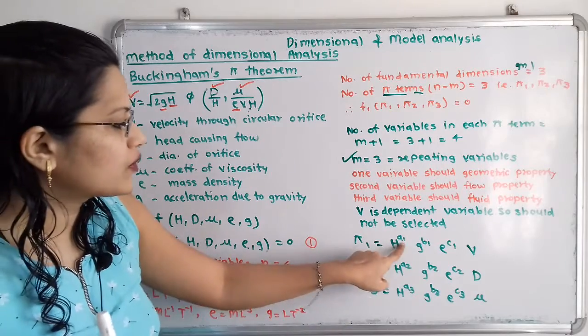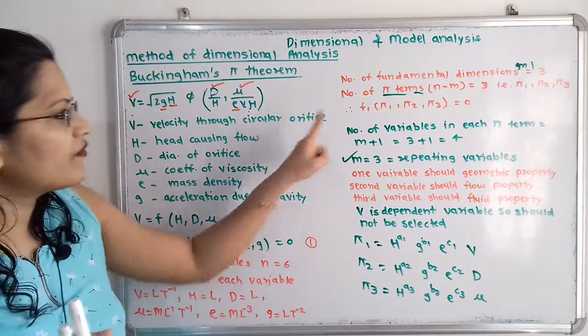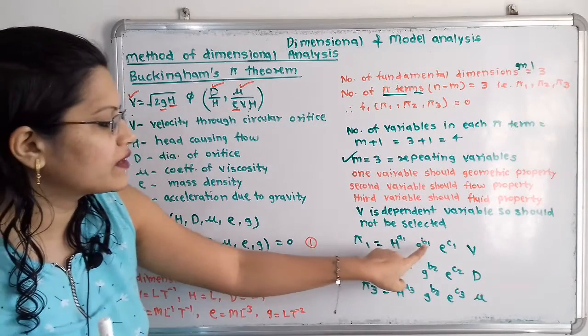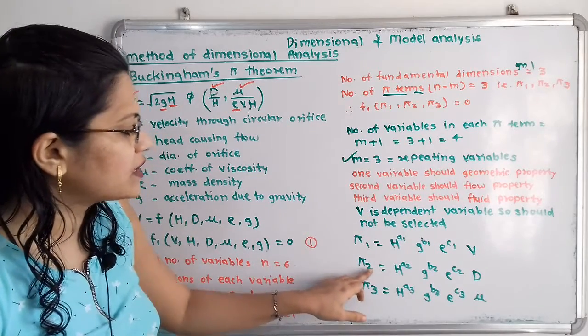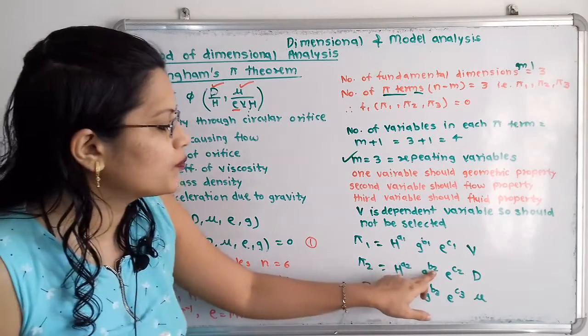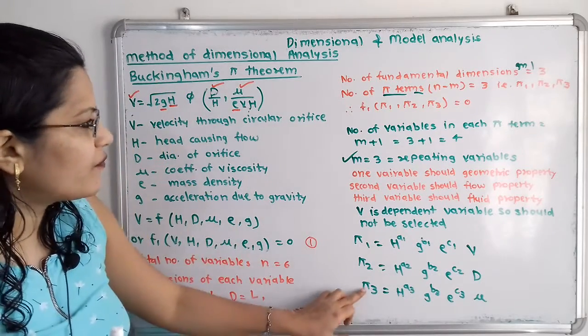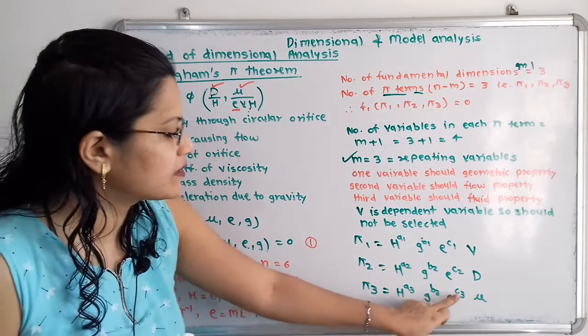Then we have to give the powers. For the first pi term, pi 1, we write a1, b1, c1. For the second pi term, pi 2, we write a2, b2, c2. That means we have to give the powers. And for the third pi term, we give the powers a3, b3, c3.